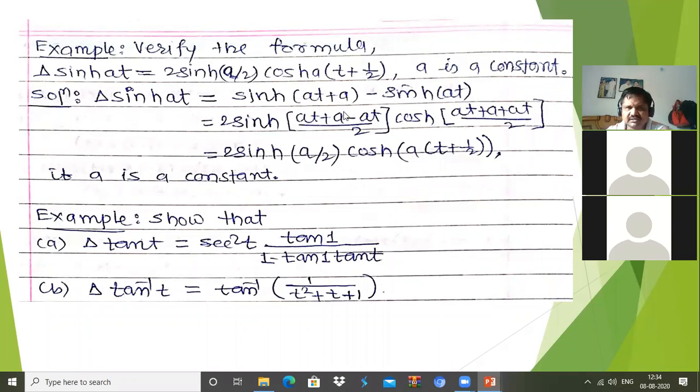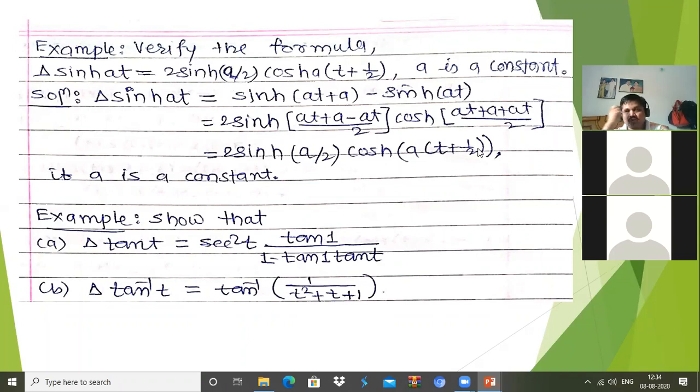Now again we have to use the formula for sin hc minus sin hd, and the formula is 2 sin h c minus d by 2 into cos h c plus d by 2. This formula is again an 11th standard formula, or it is for BSc first year. So we have used that formula, and you will get at minus at cancel, 2 sin h a by 2 into cos h t plus 1 by 2.